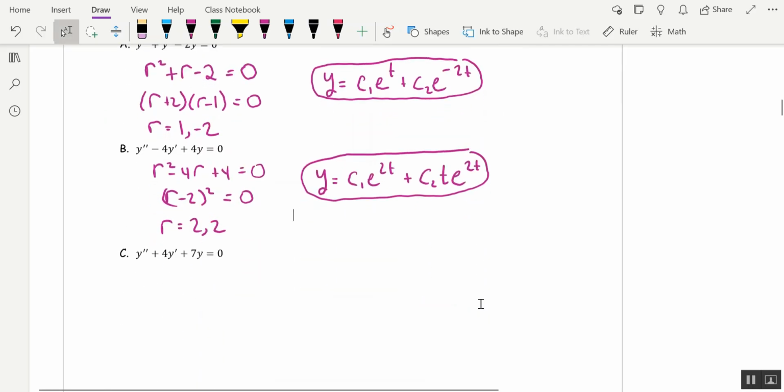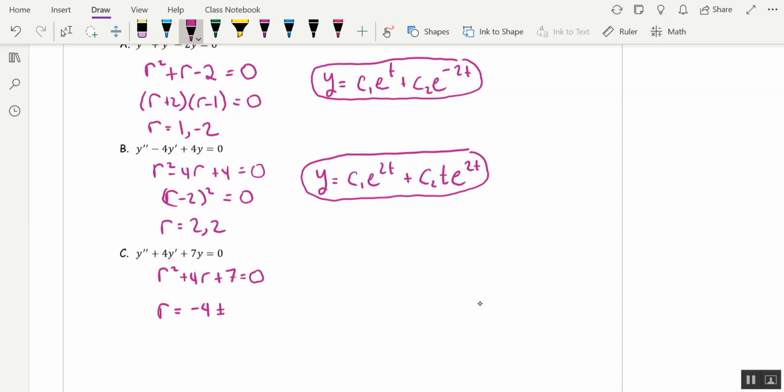Okay, next one's going to be complex. Write down the characteristic equation, r squared plus 4r plus 7 equals 0. Try and factor that for about a nanosecond and realize you can't, so we're going to bust out the quadratic formula. r is -4 plus or minus the square root of b squared, which is 16, minus 4ac, which is 28, over 2a.